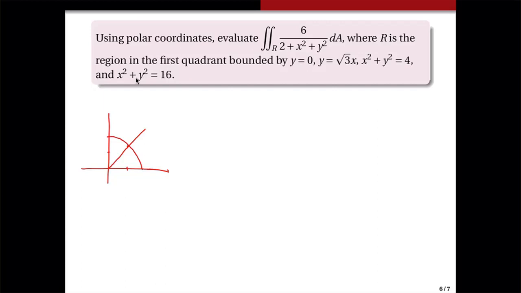And then for the last one, this is a circle of radius 4. So 2, 3, 4.